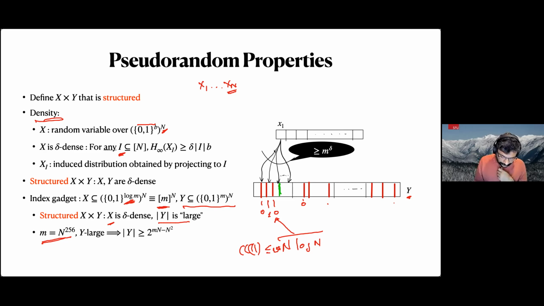But now, because X is dense, what does it imply? We know that Alice's input X is delta dense.